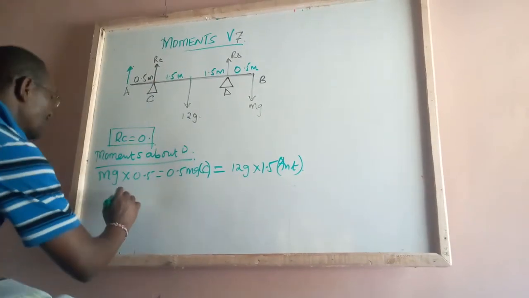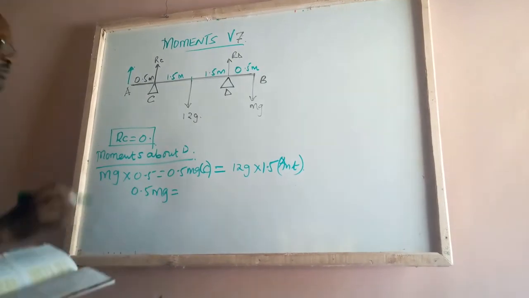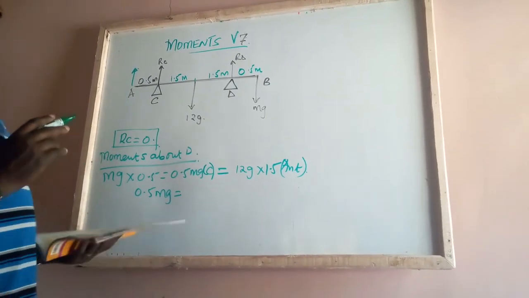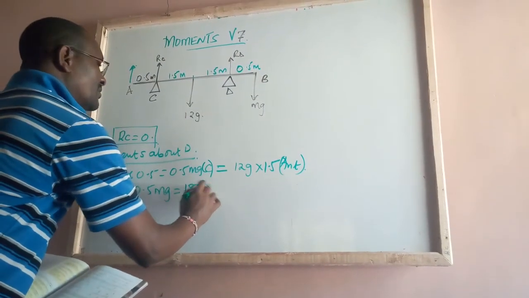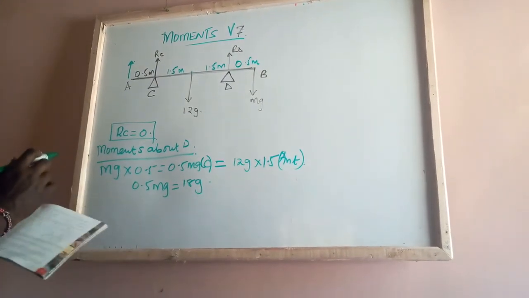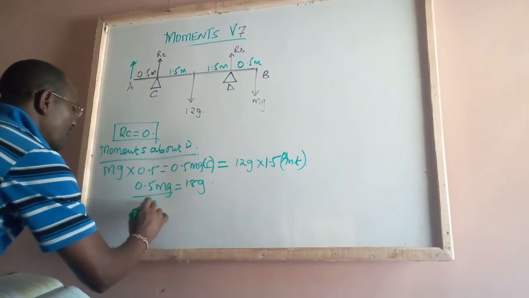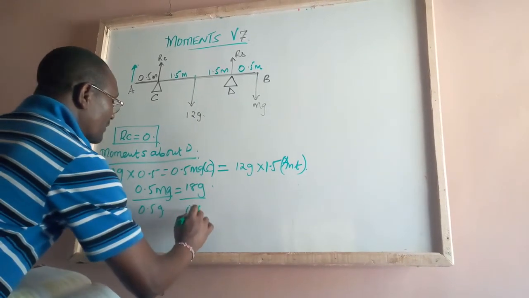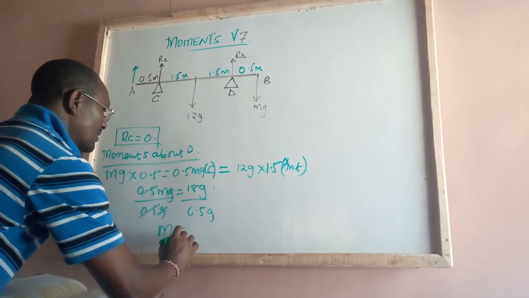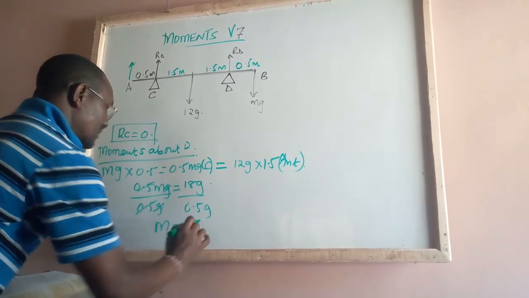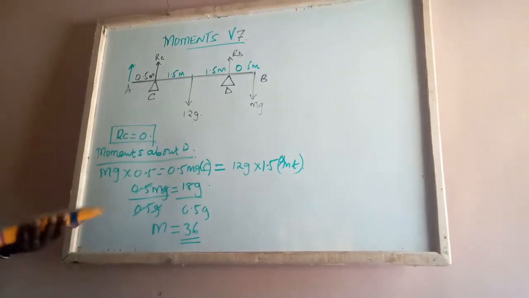So basically 0.5 mg equals 12 times 1.5g, which is 18g. So what is m? We just divide by 0.5g on both sides, and therefore m is equal to 36. This 36 is our value of m.